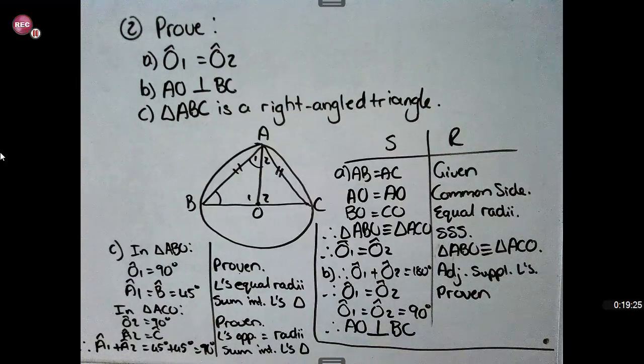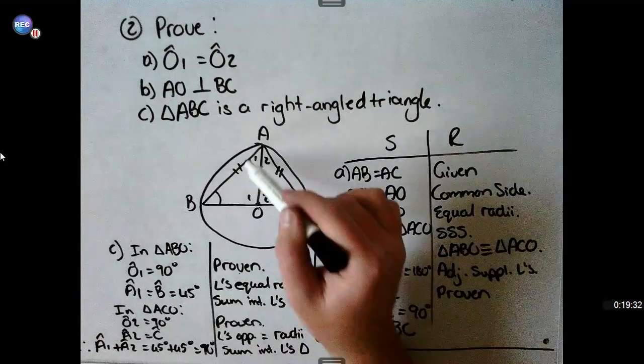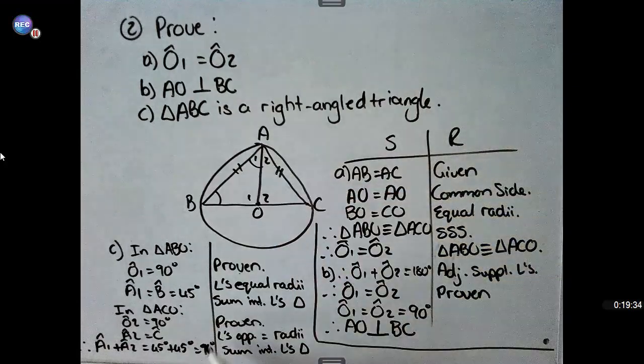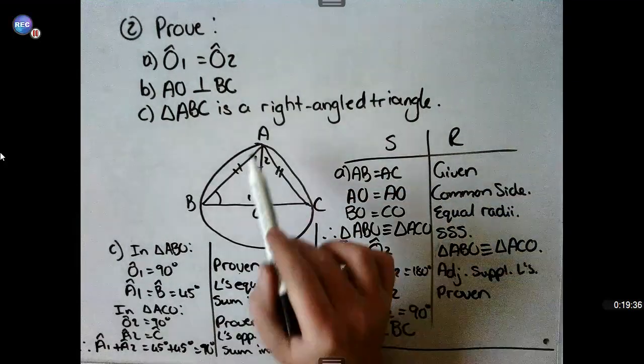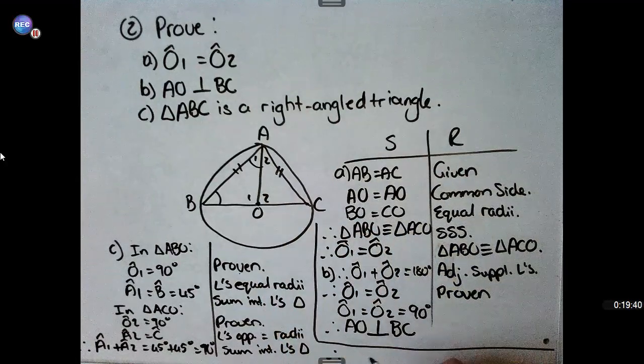And by proving that A1 and A2 are in fact 45 and 45 degrees, when we add them together they give me 90 degrees, I can then say that triangle ABC is right angled.